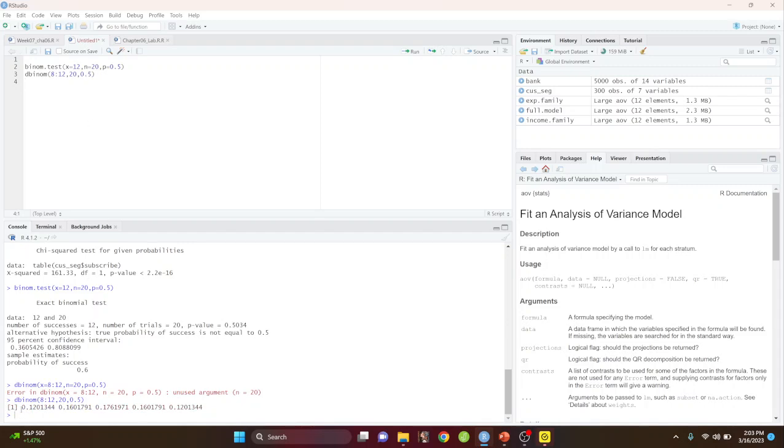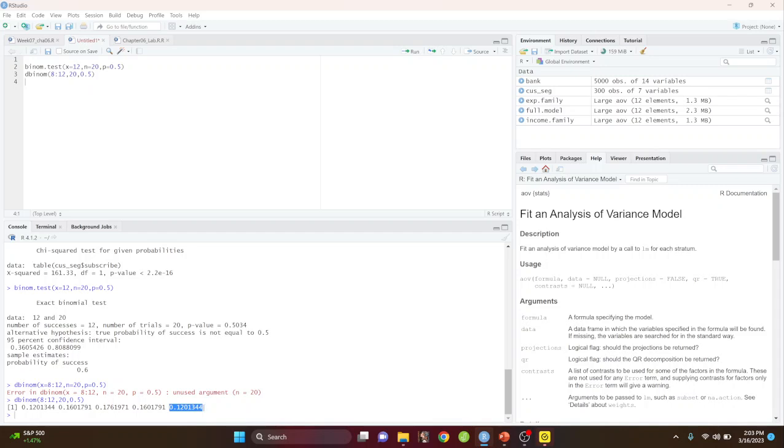So this is at the 8 customers from the sample. If you take 8, this is the probability that you get. If you take 9, this is the probability you get. If you take 10, this is the probability. 11 customers, that's a probability. And if you take 12 customers like we did earlier, that's the probability that you're going to get.